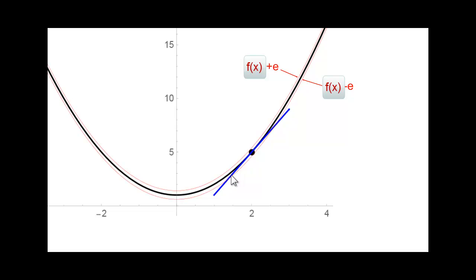And then if you can simply find the intersection of this tangent line with the shifted functions to enforce that inequality, that the error, which is the difference between the tangent line and the function itself, meets the specifications, then we can find out what x values we can use this linearization over before we get out of specification.